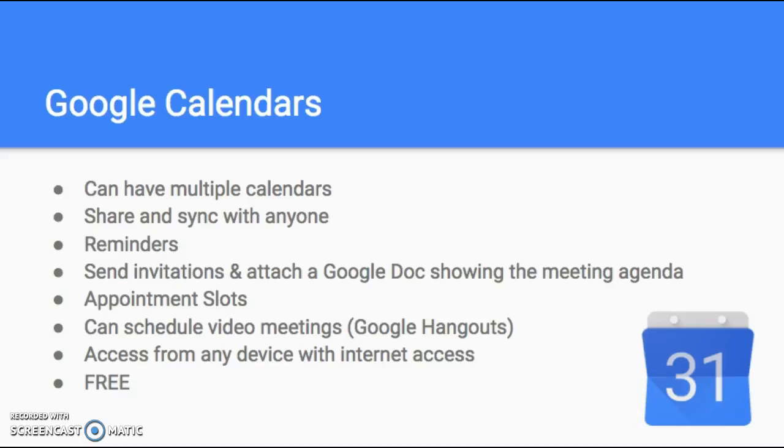You can send invitations and attach documents just like you could in Outlook, but now since we're using the Google interface, this is a little bit easier because we can attach a Google Doc straight into the meeting agenda, and then throughout the meeting you can be in the Google Doc editing and adding information that is being said during the meeting. You can also block off a time for appointment slots where you can show other people that you would be available during this time to meet, and people can set up appointments with you.